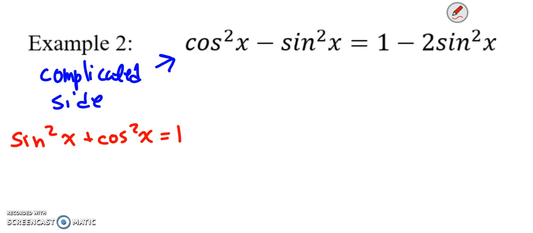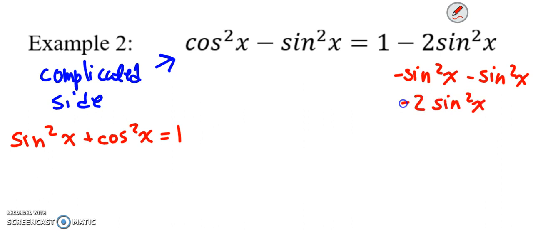And when I look at that, I immediately look at the right side and say, okay, I have to have two sines. In other words, sine squared x and a sine squared x to give me 2 sine squared x. So right here, if I have a negative sine squared x minus sine squared x, that will be a negative 2 sine squared x.